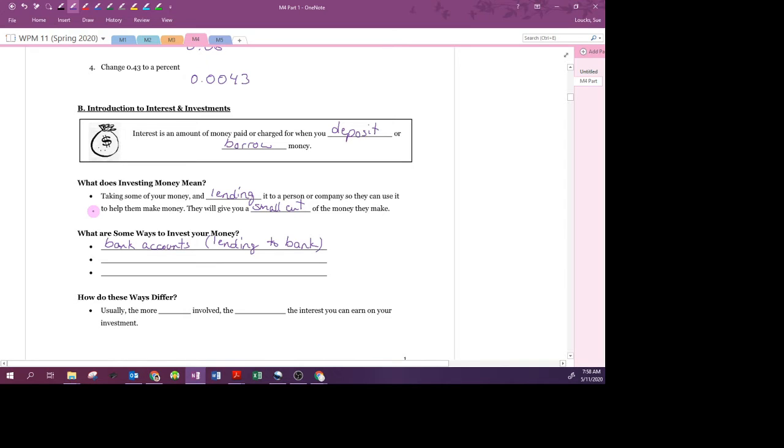The money just goes round and round and round. You can also invest your money in stocks, when you buy shares in a company. And there's private lending.